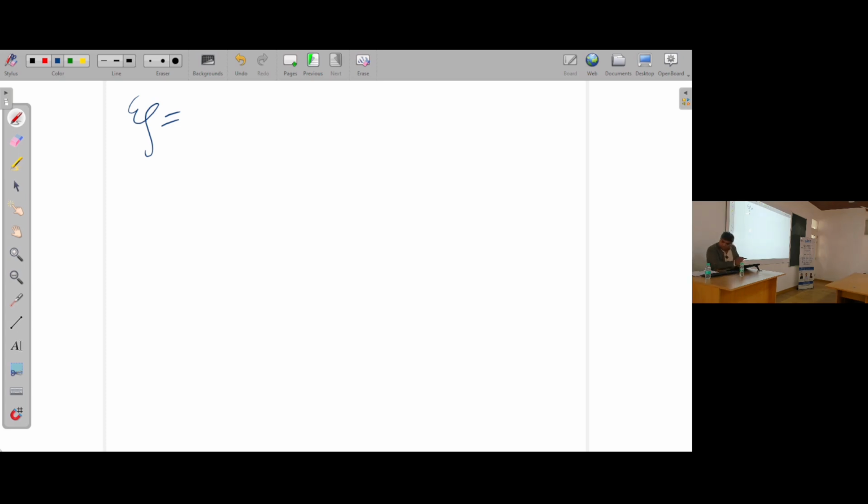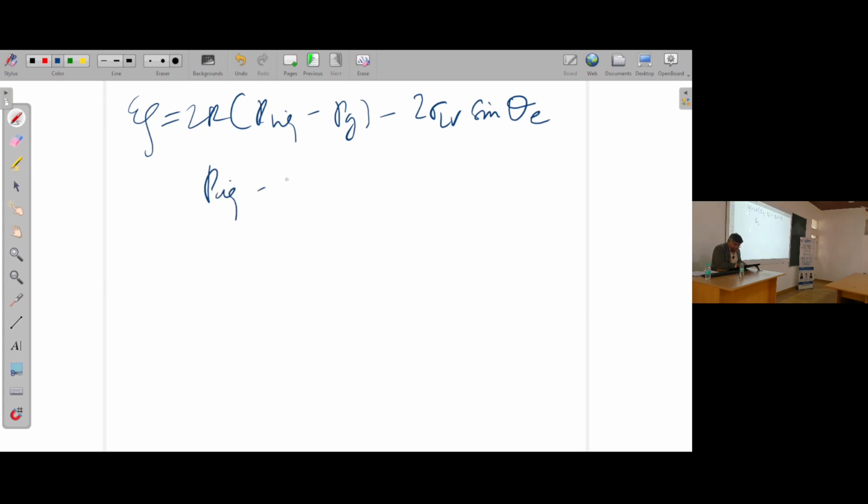So chi is equal to, I'm going to start from this place, which is 2R P liquid minus P gas minus 2 sigma LV sine theta E. This is where we started from. And then you get Young Laplace as P liquid minus P gas is equal to minus sigma LV by R. This is my usual Young Laplace equation.